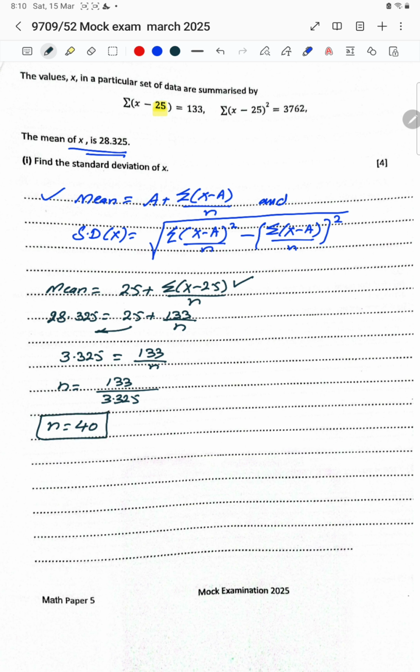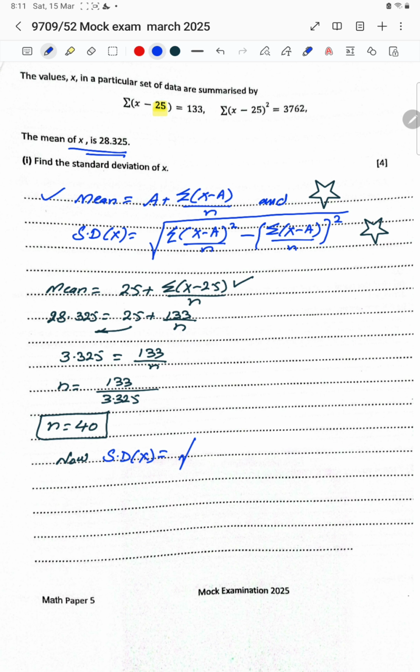Now we need to go with the standard deviation by using this rule. These are two rules we have studied in class, the coded mean and coded standard deviation. Now the standard deviation of x, which we have to calculate, just substitute the values.